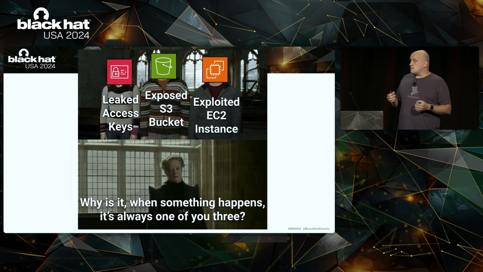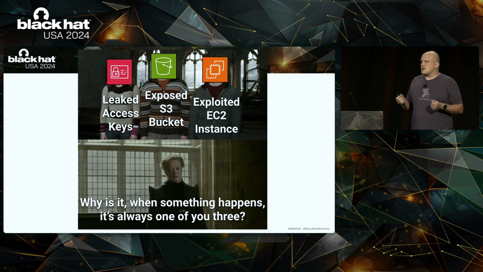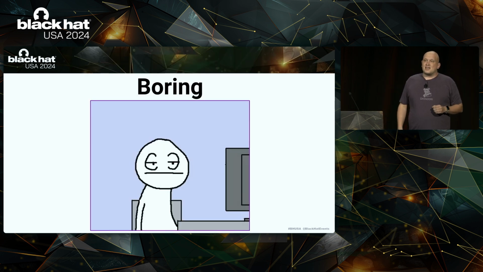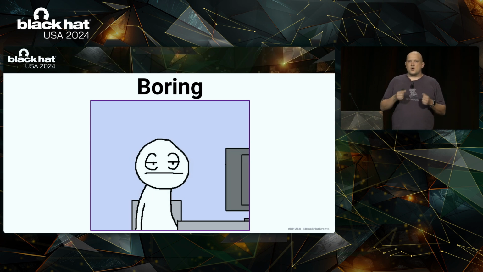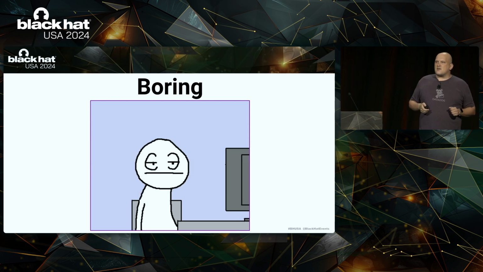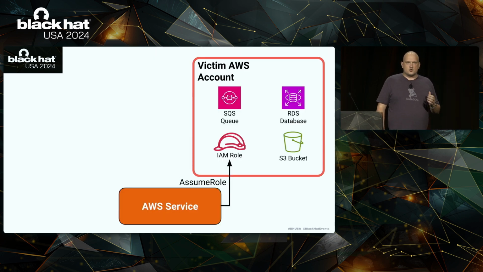And to be clear, these are very real risks that we do have to contend with, but at the same time, they're remarkably boring. What we're going to be doing instead is taking a look at more novel approaches to gain access to AWS environments. We're going to be kicking in the door to the cloud by exploiting vulnerabilities in AWS services directly, particularly taking advantage of pre-existing trust.